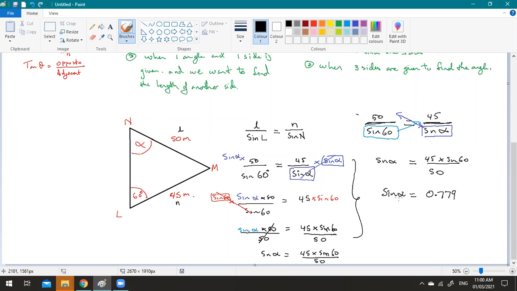Now remember, we want the value of alpha, and it's sine alpha. What's the opposite of sine? When you cross the sine to the other side, it becomes sine inverse, right? And how do we get sine inverse on the calculator again?